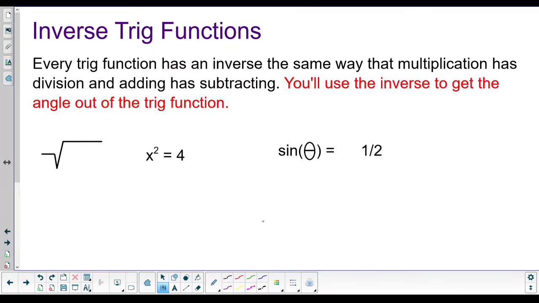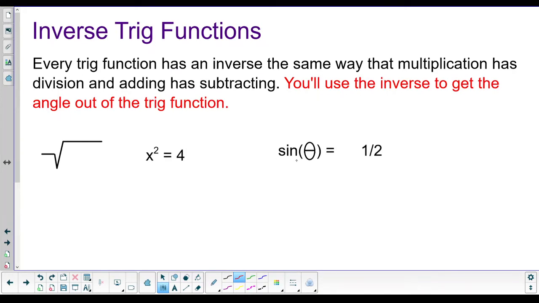Let me start with an analogy to help you understand what math you're trying to do, and then we'll go do a couple of easy examples. Okay, so every trig function has an inverse the same way multiplication has division and adding has subtraction, right? So whatever math operation you're doing, there should be an opposite math operation or like an undo button.